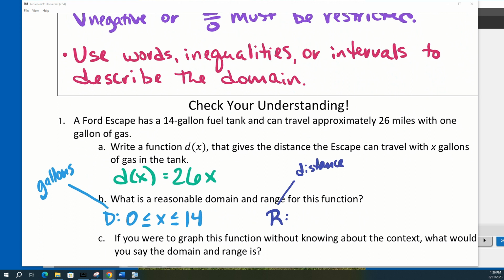Riders already kind of figured this out. What's the smallest distance you can drive? 0. For this Ford Escape, what is the largest distance you can travel on 1 tank of gas? 364. Y'all are about 30 seconds slower. That's okay. I appreciate your effort.